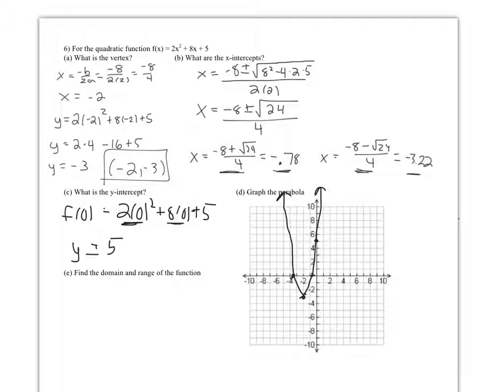If you have to use the quadratic formula and you don't get exact answers, that's okay. You can just sketch them the best you can. My domain is negative infinity to infinity. And my range, this one also opens up, so it has a low point at negative 3 for the y value, but then goes forever after that.